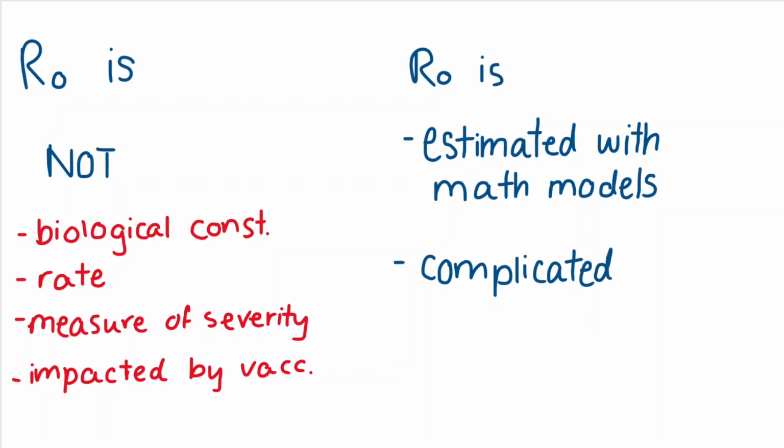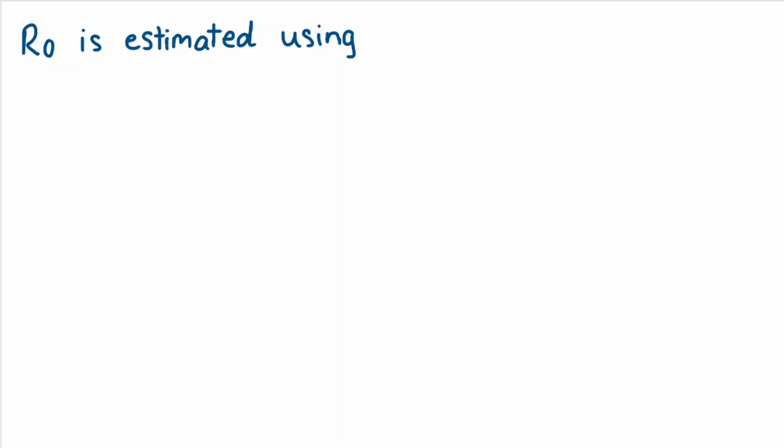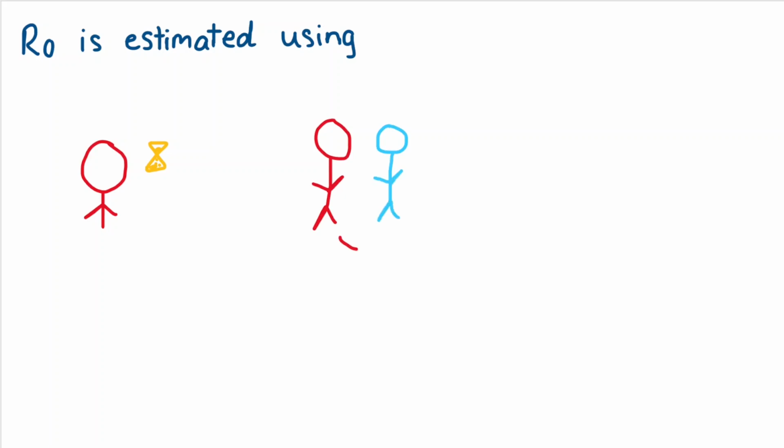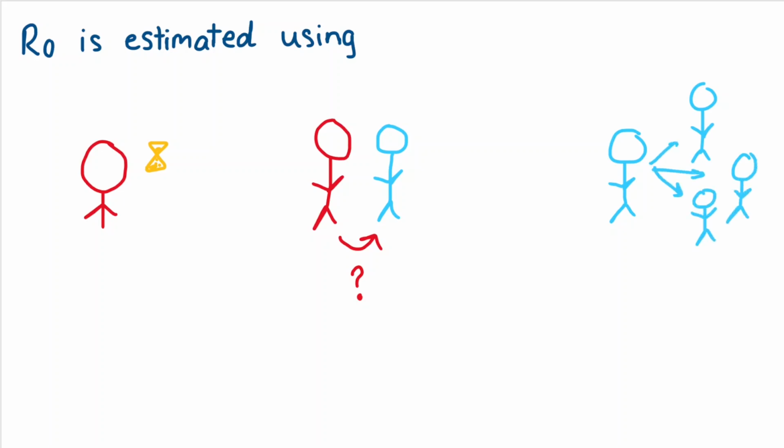The estimations of R0 values are often calculated as a function of 3 primary parameters: the length of time an infected person is contagious, the likelihood of infection per contact between a susceptible person and an infectious person, and the contact rate between people. The first 2 parameters are biological constants, but the contact rate can vary, and therefore R0 is not a biological constant for a pathogen.